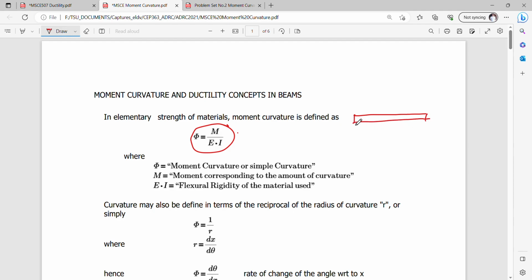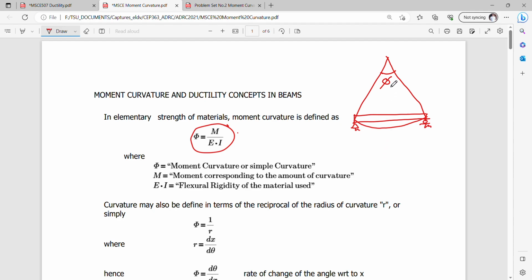If you take a look at the elastic curve of a simply supported beam, you can take this curvature phi by defining the angle subtended from both ends in terms of this phi here.